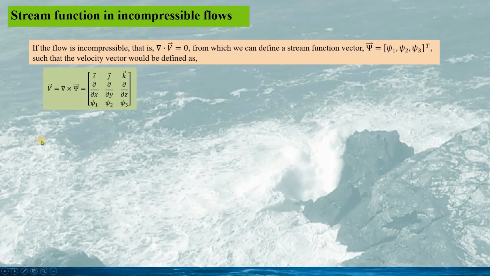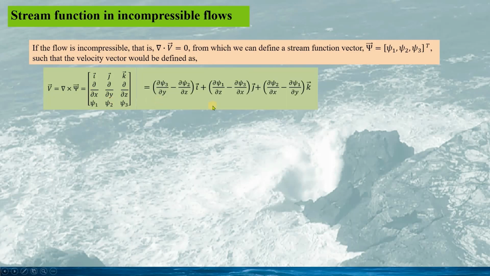The relation of the stream function vector and the velocity vector is given as this, and it is calculated in a determinant. So if we put it in detail, we have the expression as this.